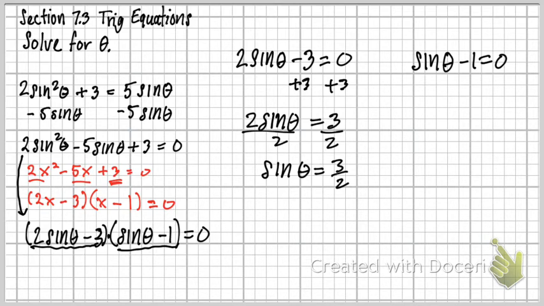So when we look at the sine of theta equaling 3/2, that is not possible because the sine of theta can be at most 1. So this would be impossible, or no theta, or no solution. That's what I'll write.